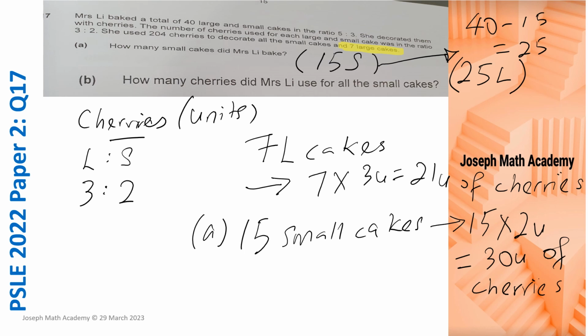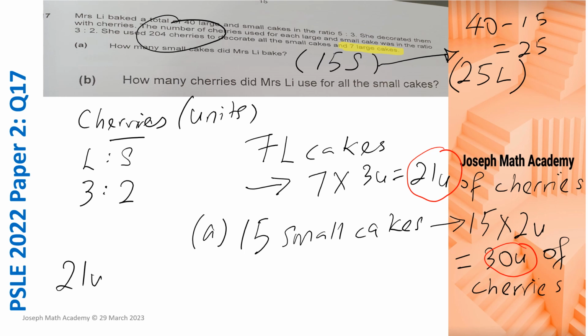So from here, we should be able to find out how many units is equal to 204 cherries. Super easy. So what we do is we take 21 units of cherries on all the large cakes and 30 units of cherries on all the small cakes. So I'm going to write down this in equation form.